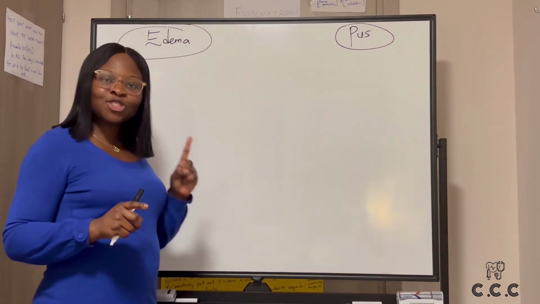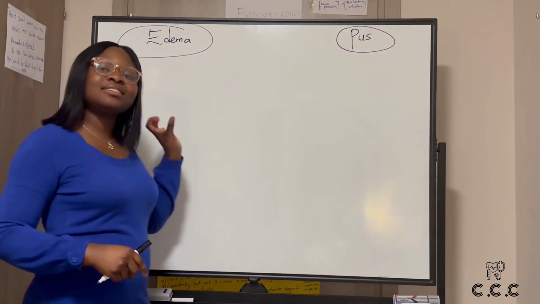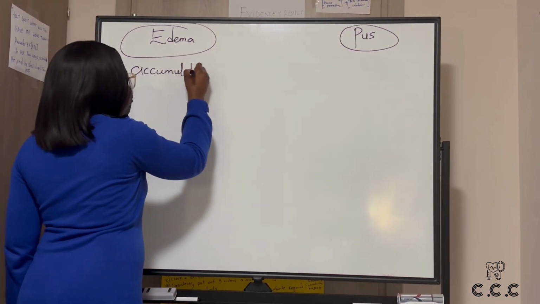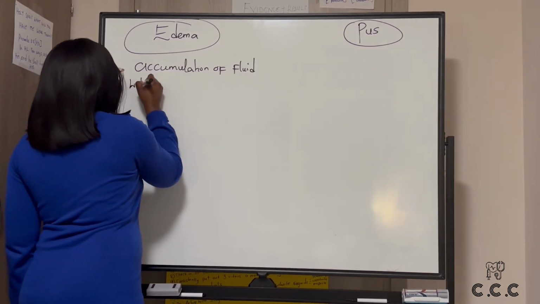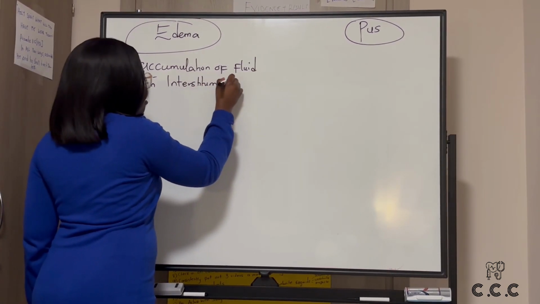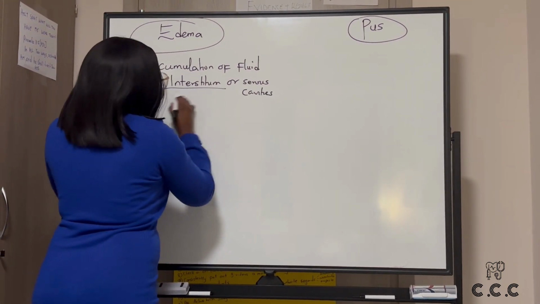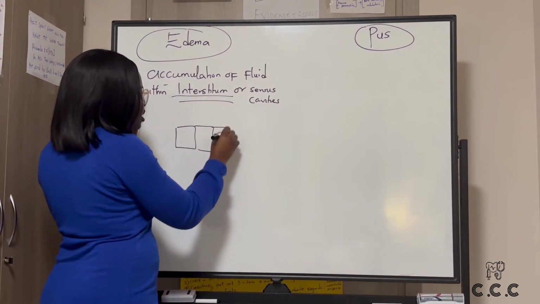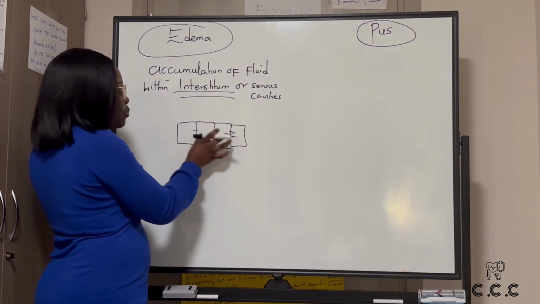Okay, so the final two we're going to talk about today are edema and pus. What is edema? Simply put, edema is the accumulation of fluids within the interstitium or serous cavities. Now, what is the interstitium? We should remember that our cells have cell-to-cell connections between themselves, right? So between cells, you see the presence of junctions.